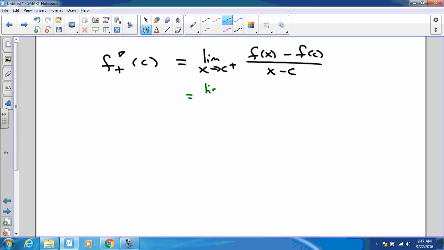If I wanted to use the definition of the derivative instead, then I'm going to do the definition of the derivative with h approaching 0 from the right. This is less commonly used, but it's totally legit.